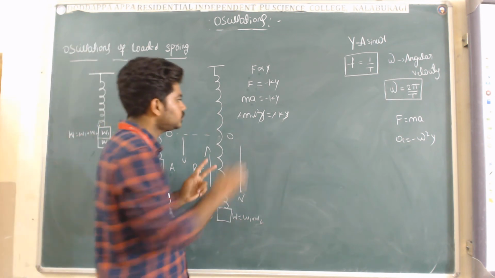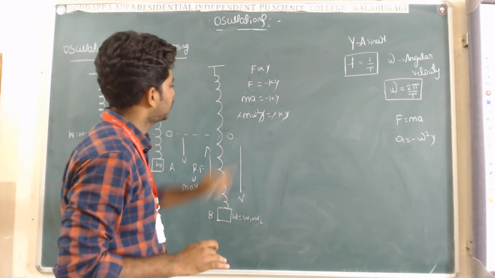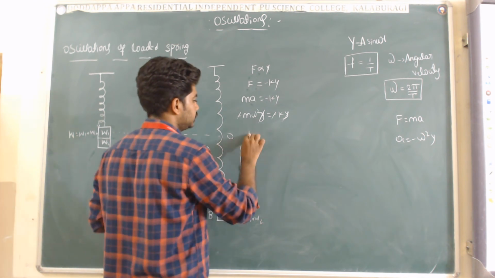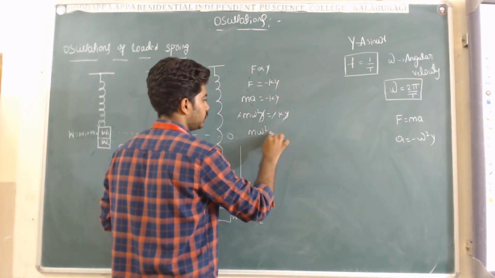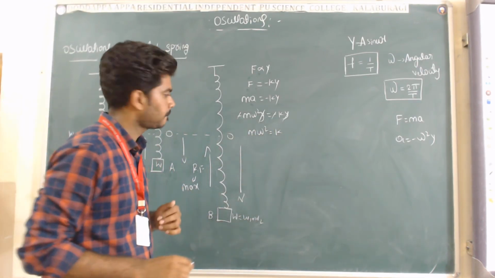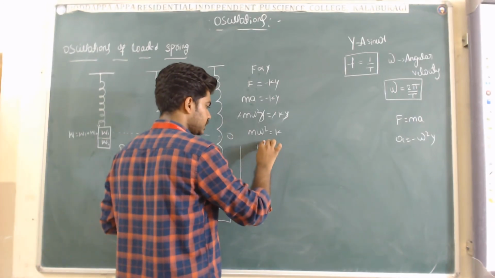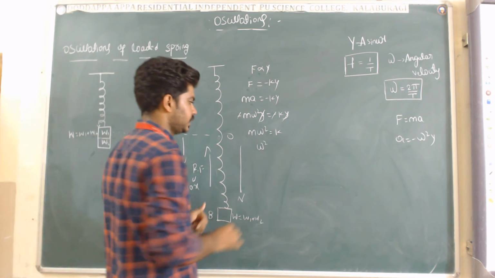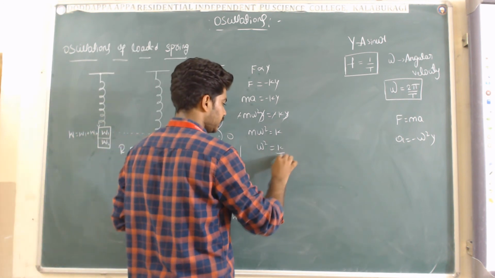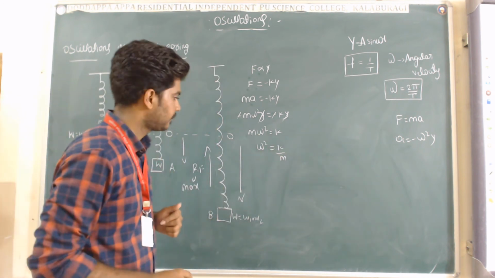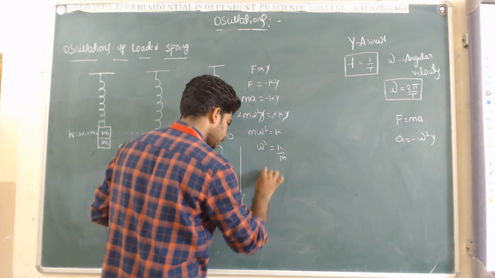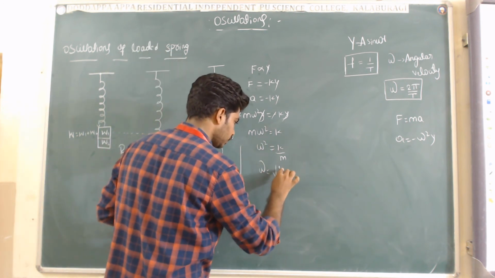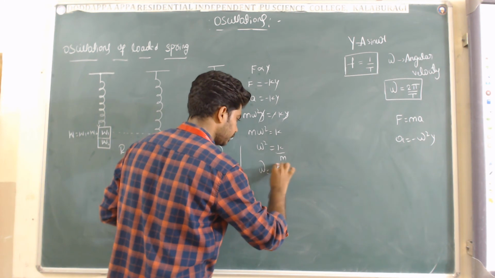What terms are left? m omega square equals k. I will make omega square the subject and bring m to the RHS. It becomes k divided by m. Remove the square: omega is equal to under root k divided by m.